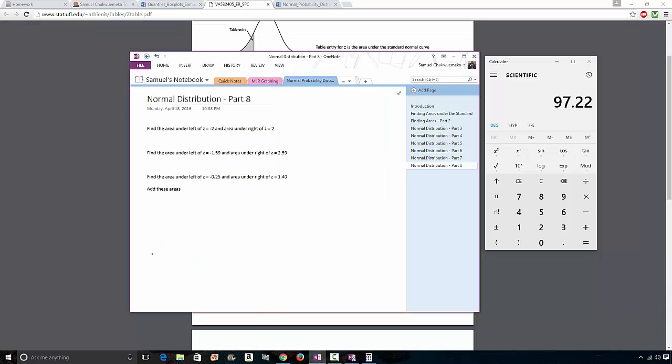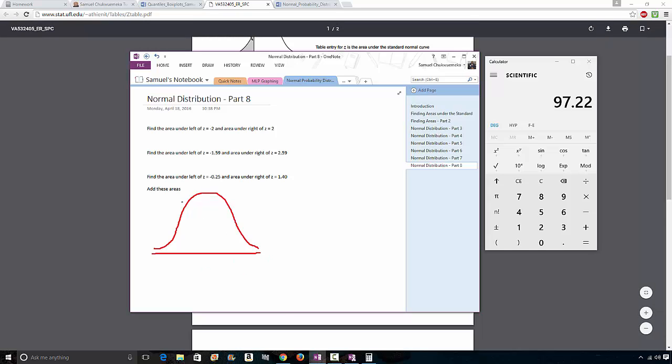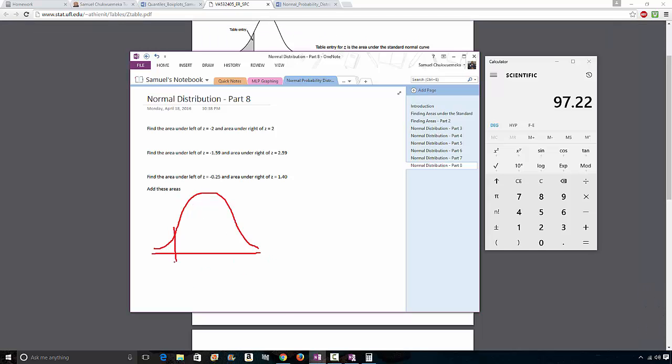Okay, so the first one, this is the area they are asking us for, and this is for the standard normal distribution table. So left of z, -2, and right of z, 2. So it's just these 2 areas here.